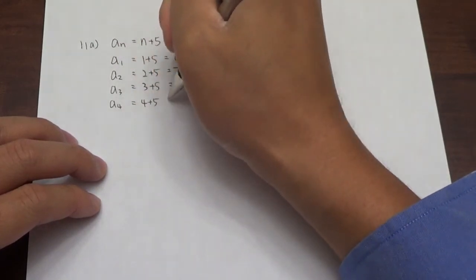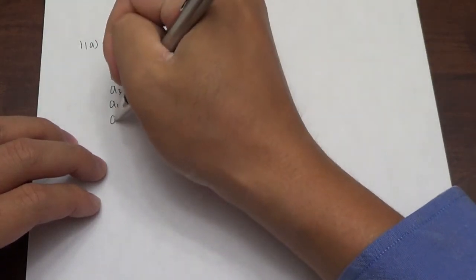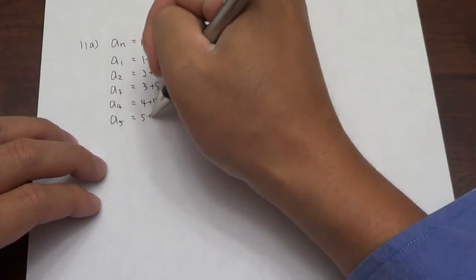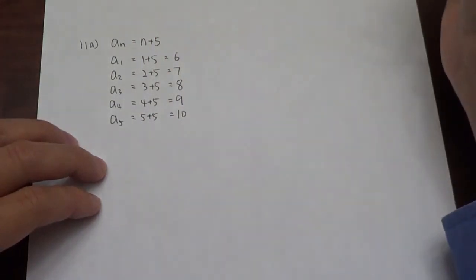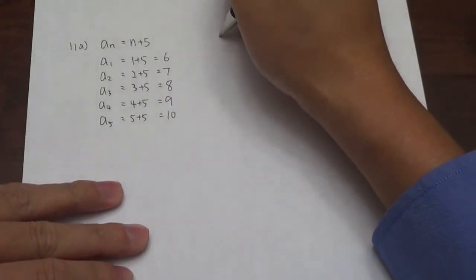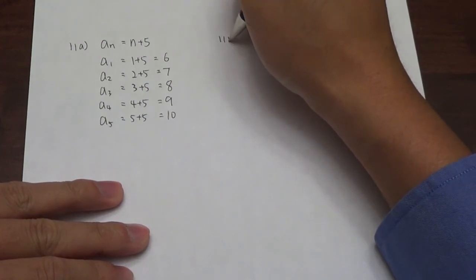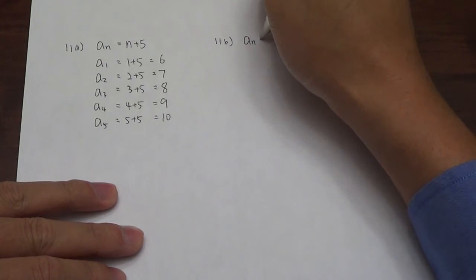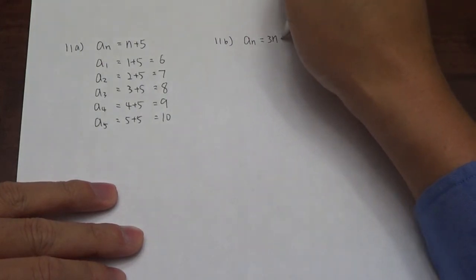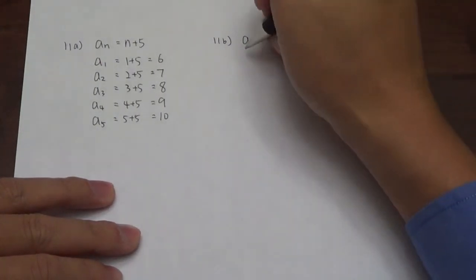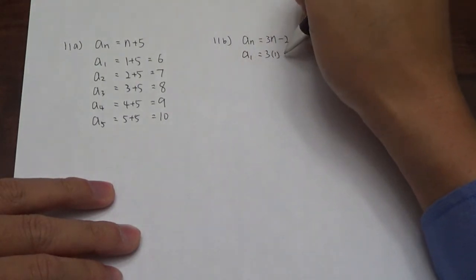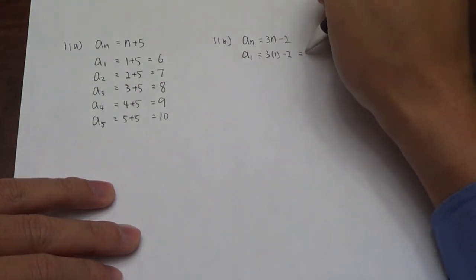And soon enough you can even just use the pattern, which is increases by 1, to get the next term. Alright, 11B. The sequence is 3n minus 2. Right, so the first term equals 3 times 1 minus 2, which is 1.